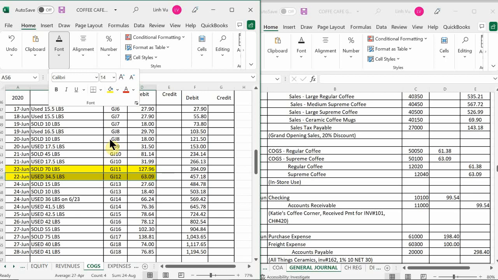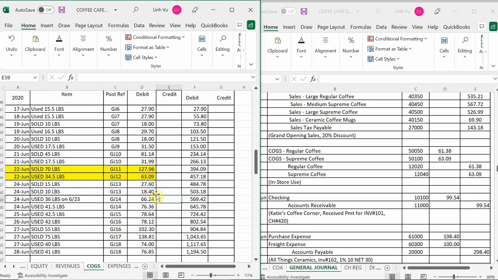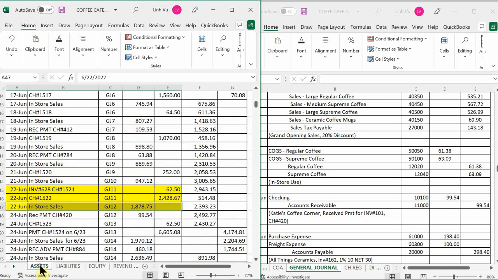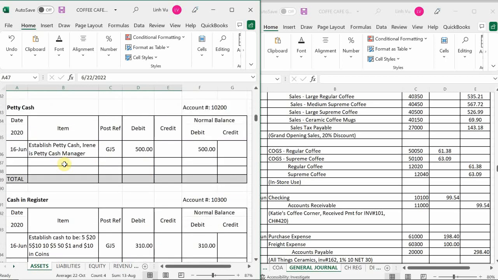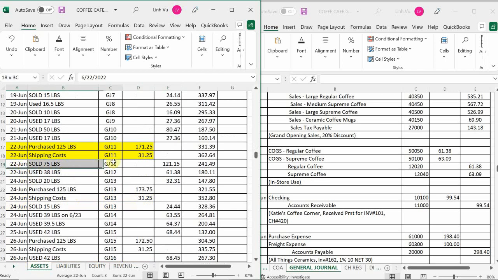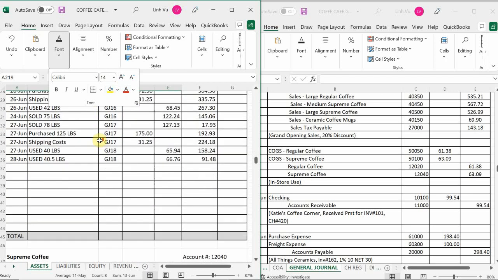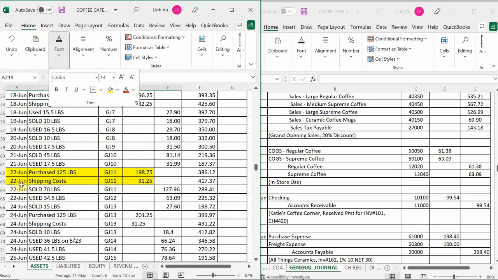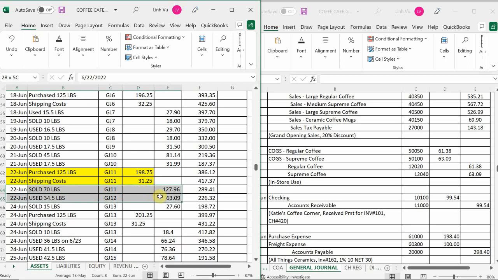Checking in accounts receivable. Oh, I gotta do inventory. Okay.